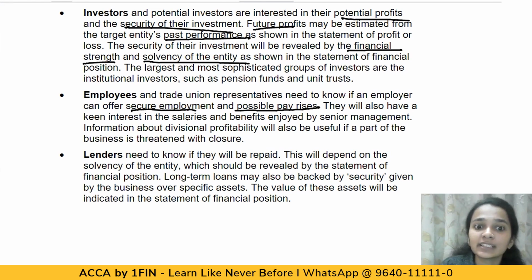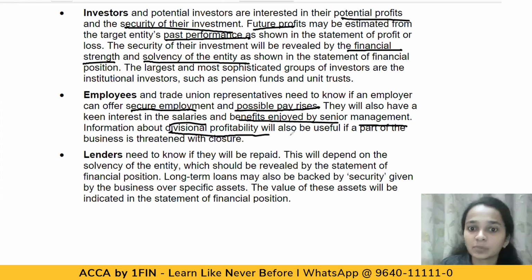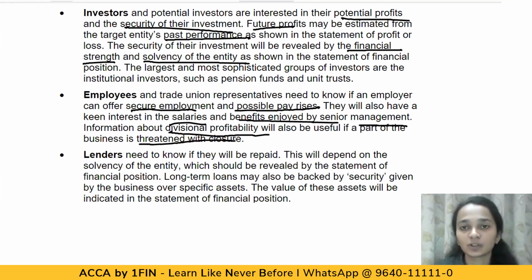They'll also have a keen interest in the salaries and benefits enjoyed by senior management. Information about divisional profitability will also be useful if a part of the business is threatened with closure. So the profit made by different divisions of the business is essential for employees to know in order to make sure there's no threat to their job.